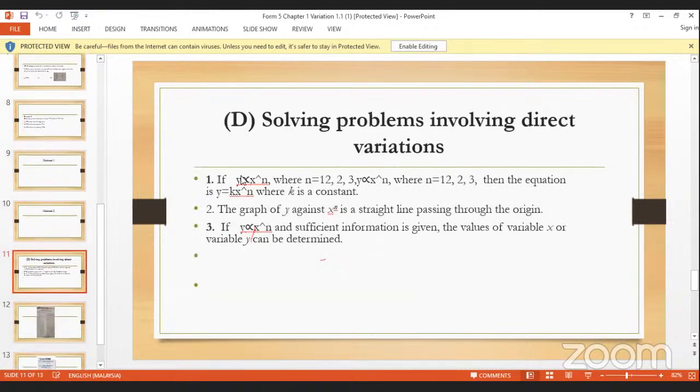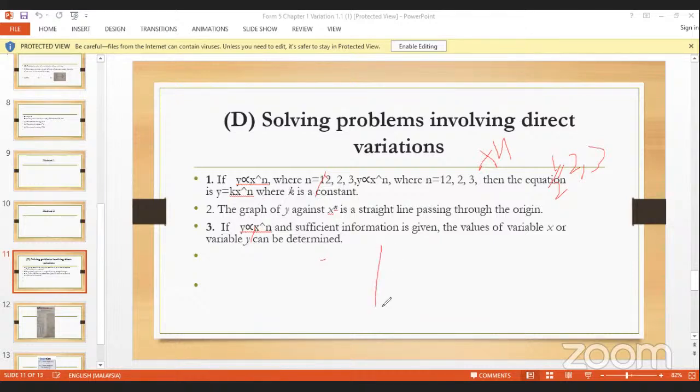For D, right? If y is proportional to x to the power of n, where n equal to 1, half, 2, 3, then the equation is y equal to kx to the power of n, where k is a constant.